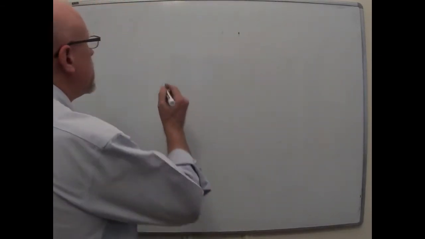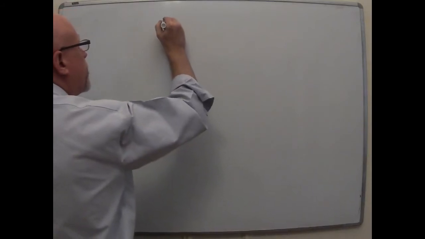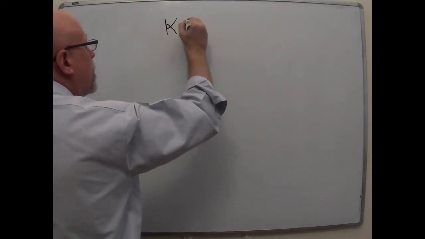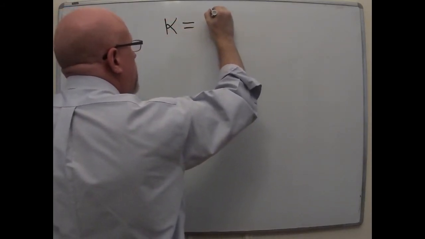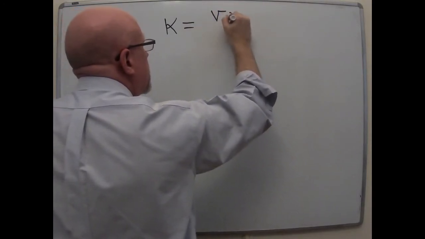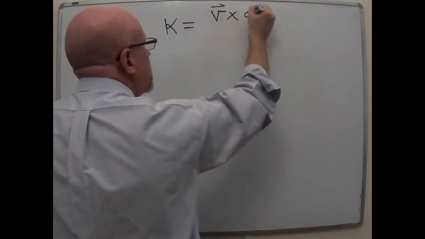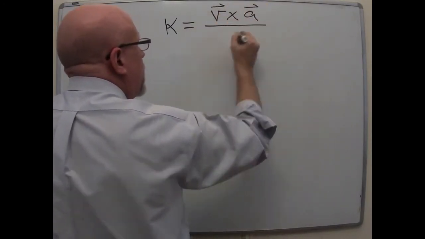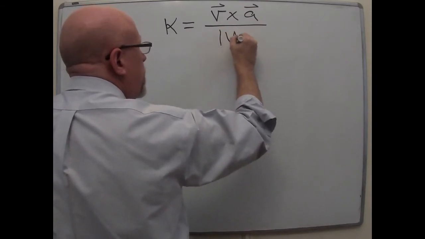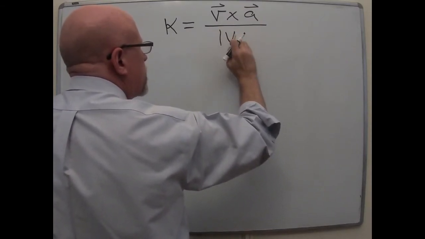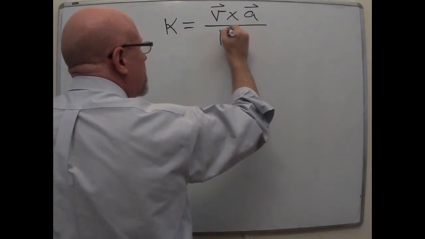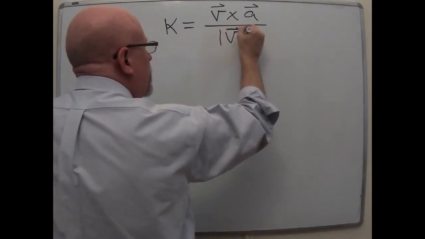The formula is this, that you can figure out the curvature by taking the cross product of v and a, that's the velocity and the acceleration vectors, and you just divide by the speed. Can't fix that. The speed cubed.